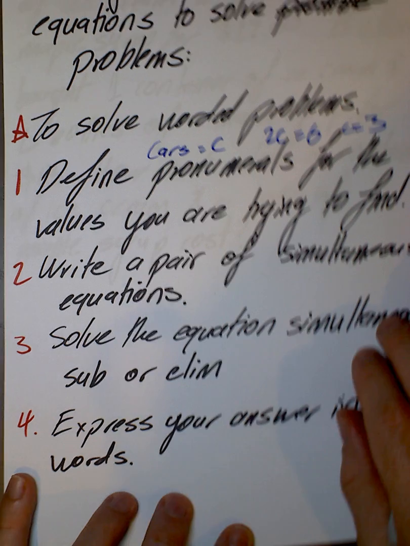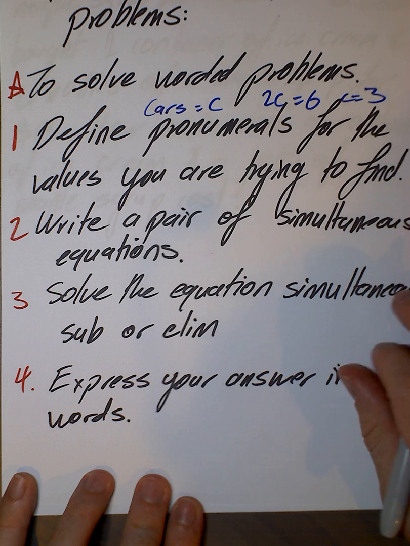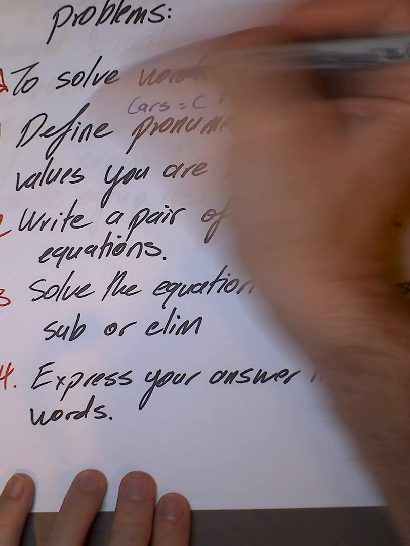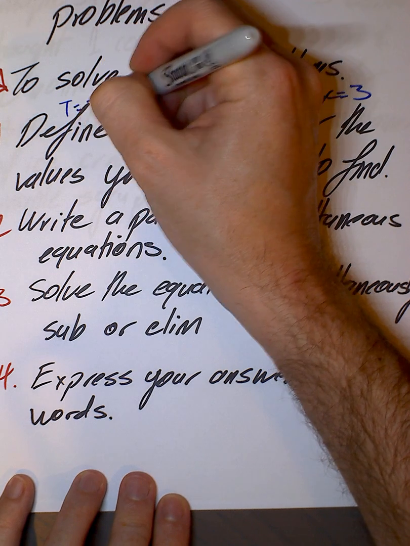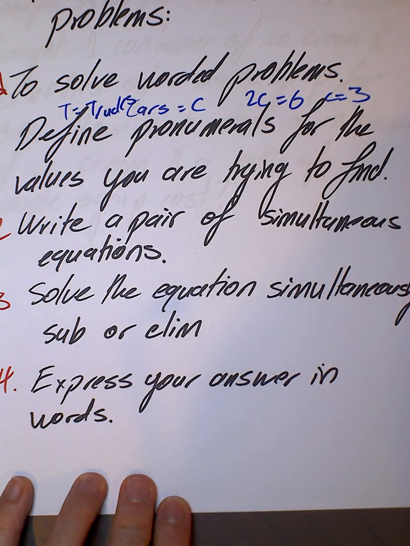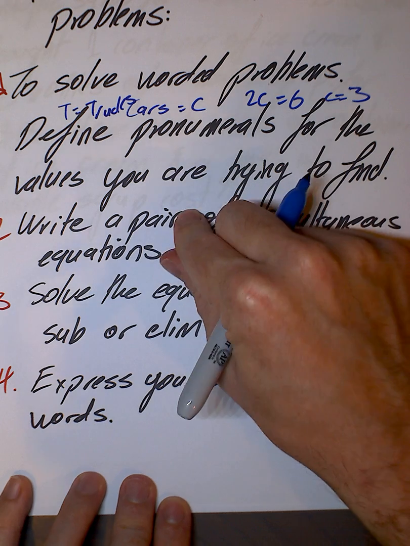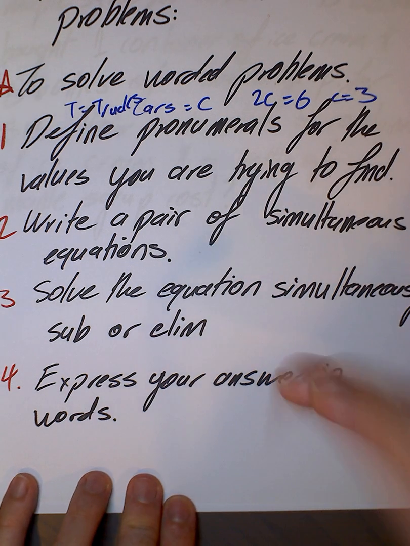Next, write a pair of simultaneous equations. This is always the hardest part. You can say, okay, C is for cars and T equals trucks. That's really easy. But when you've actually got to write your simultaneous equations, you've got to read the actual problem and figure out what number associates with what letter.